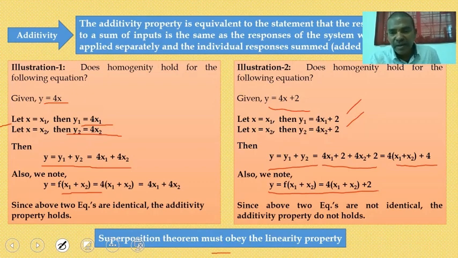So that means it is not obeying the additivity property. So for the superposition theorem, the linearity property must be obeyed, and only then will the superposition theorem be valid.